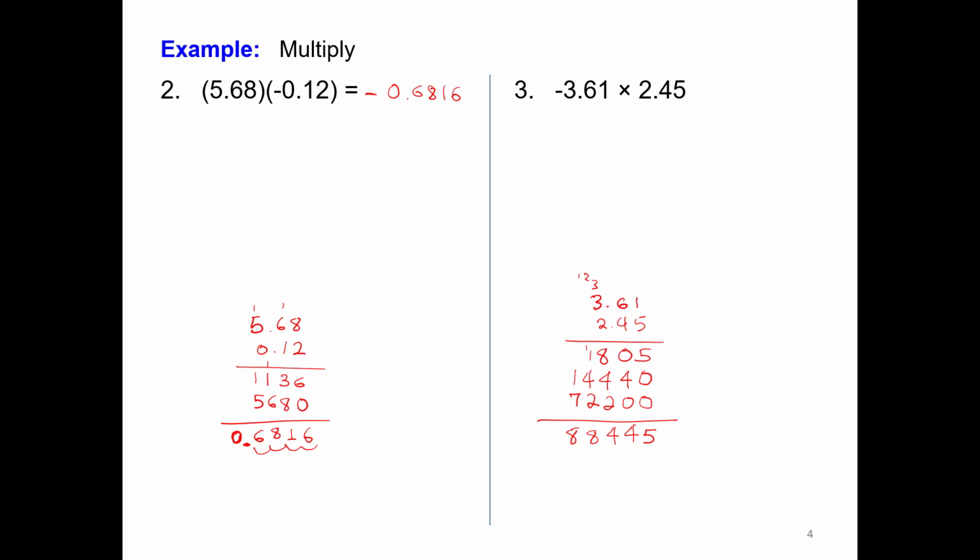Next step, count the decimal places. 1, 2, 3, 4. Yes, now we had 1, 2, 3, 4. And let's count here. We had 1, 2, 3, 4. Then the decimal place should be over here. And we know the product must be negative.